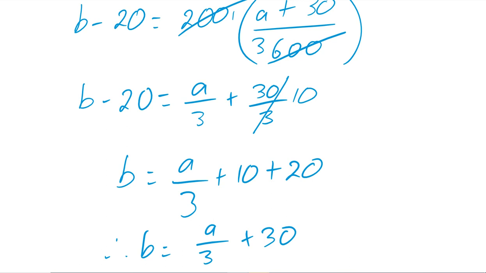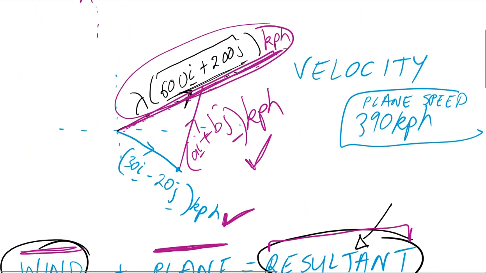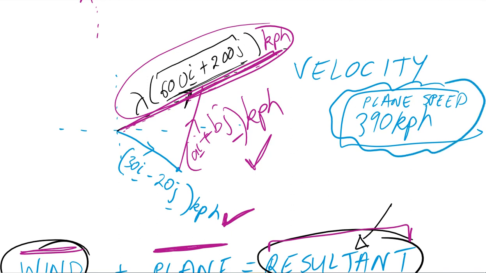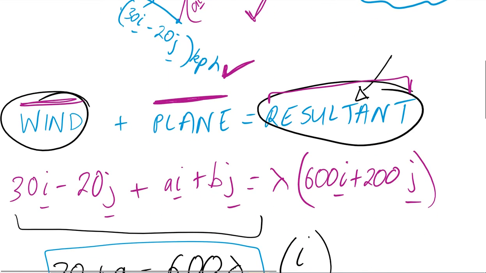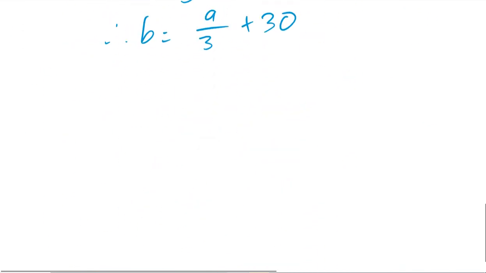Okay, so I've got a few equations there. Now let's go back to the question and see what other information we're given. We know from this information that we discussed here that we've got the plane speed as 390 kilometers per hour. And if we look at the plane, it has this velocity vector. And the magnitude of a velocity vector gives us its speed.